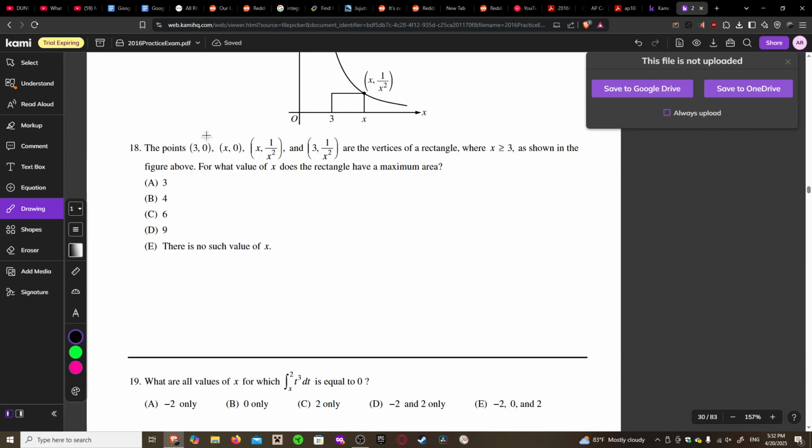The points 3, 0, x, 0, x, 1 over x squared, 3, 1 over x squared are vertices of the rectangle where x is greater than 3, shown in the figure above.